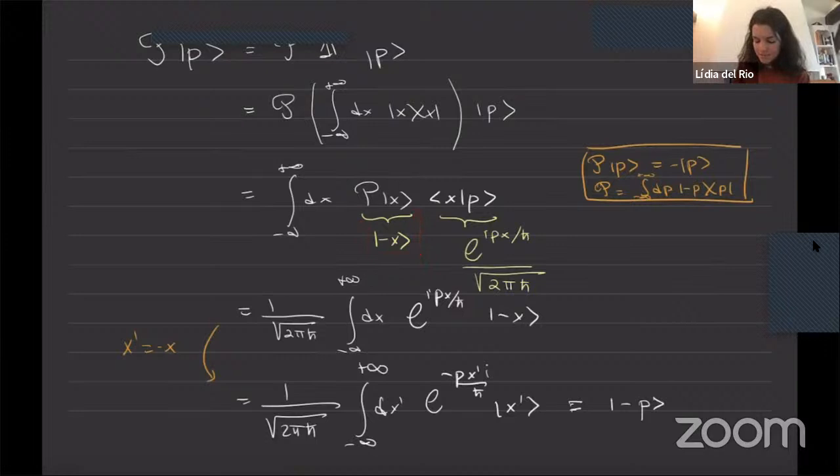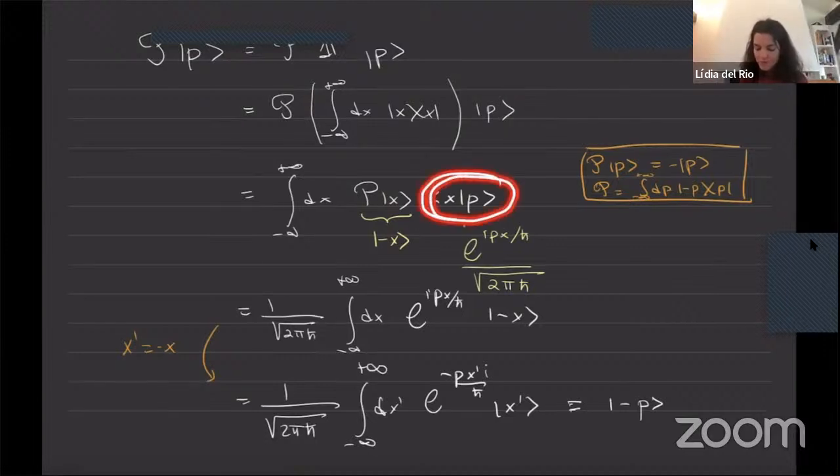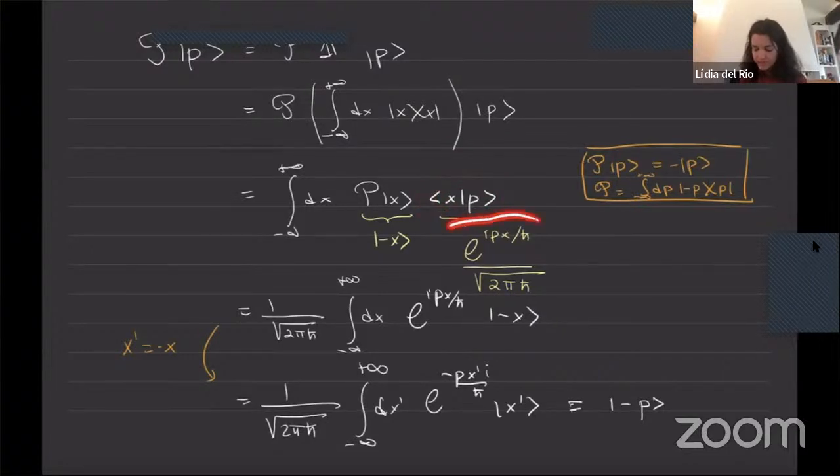And this inner product between x and p, well, remember this P is the parity, and this p is the momentum basis. This was from the very definition of position and momentum basis, what this inner product was, right? It was this exponential divided by this constant. This is what we did a long time ago.